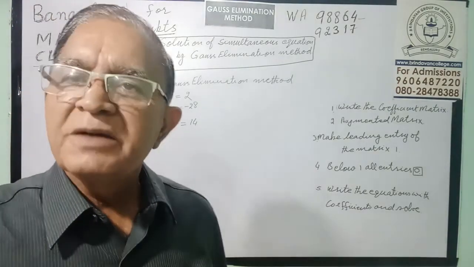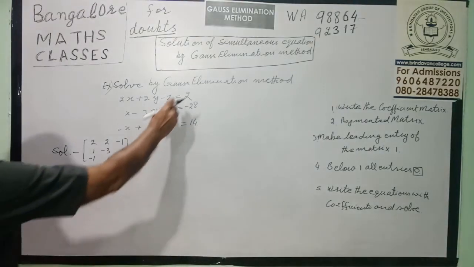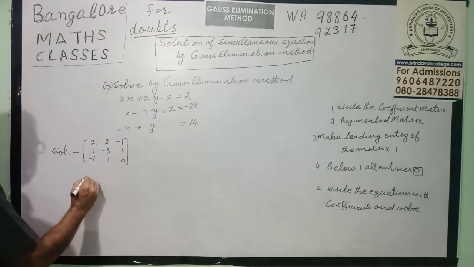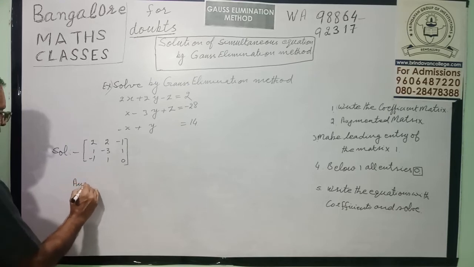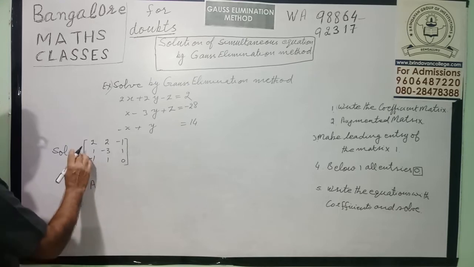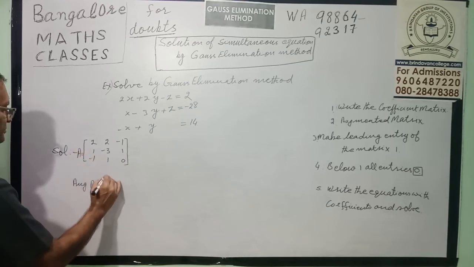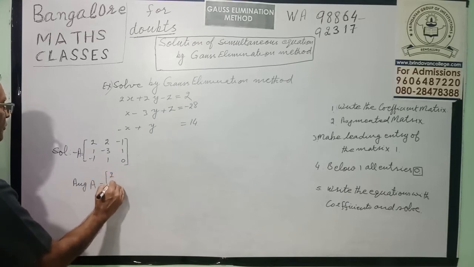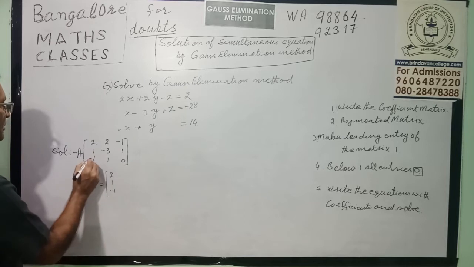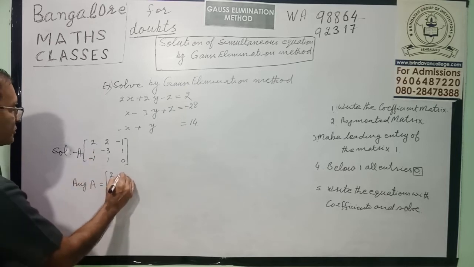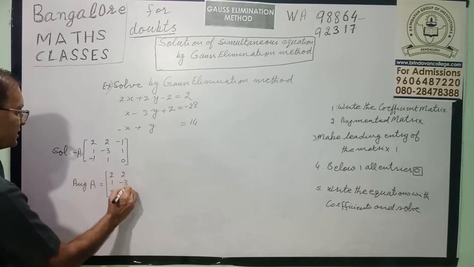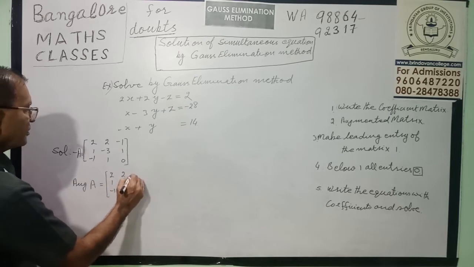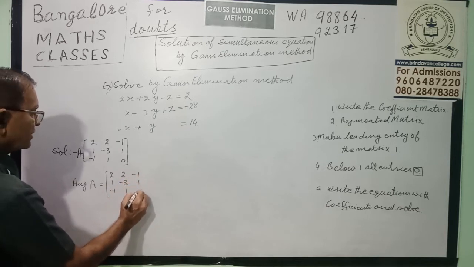Then, augmented matrix means add the RHS. Augmented matrix of A: 2, 1, minus 1; 2, minus 3, 1; minus 1, 1, 0.